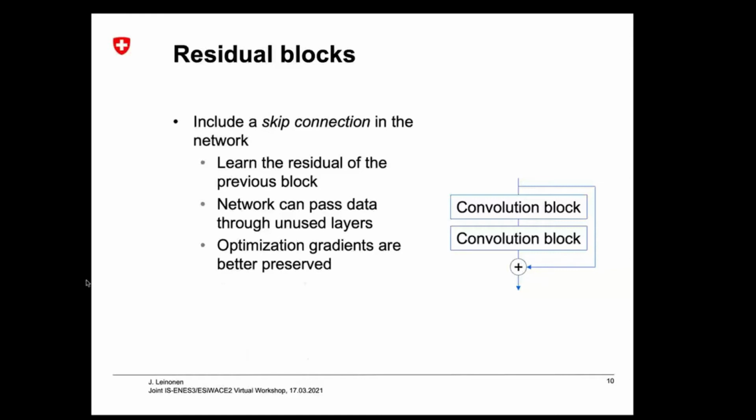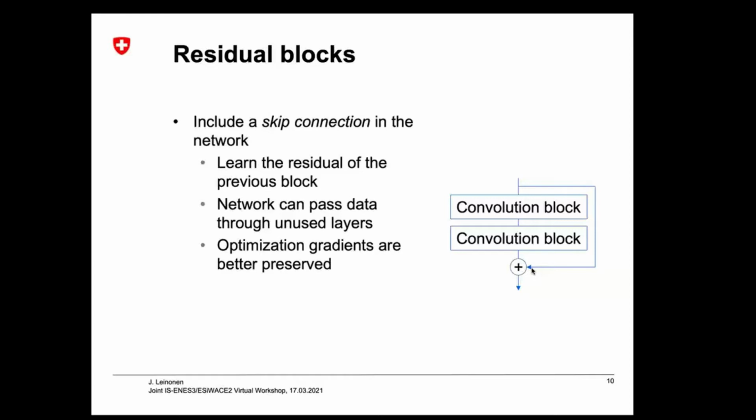So in addition to these convolution blocks, we basically pass the input through, and then we add that back to the output of these convolutions. So basically that means that these convolutions just learn the residual of the previous block.